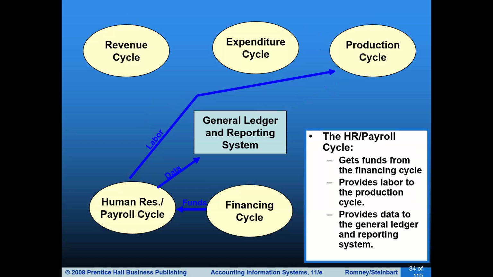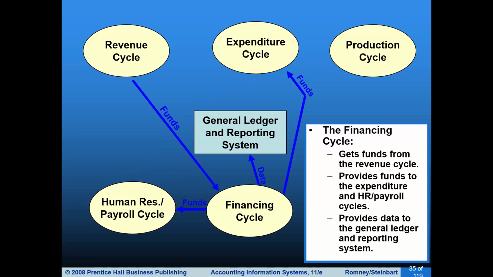As you can see, all cycles are related to each other, and finally all cycles are connected to the general ledger and reporting system, because you have to produce the financial statements. Even the financing cycle is connected to the revenue and expenditure cycles, and pays money to the HRM, and finally provides data to the GL.